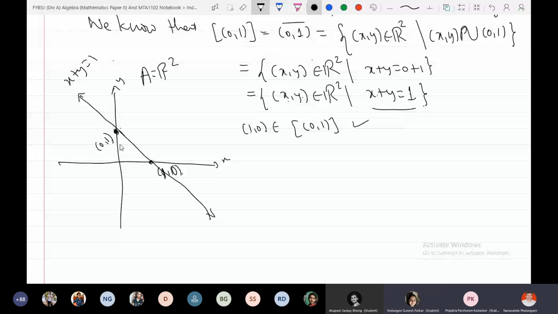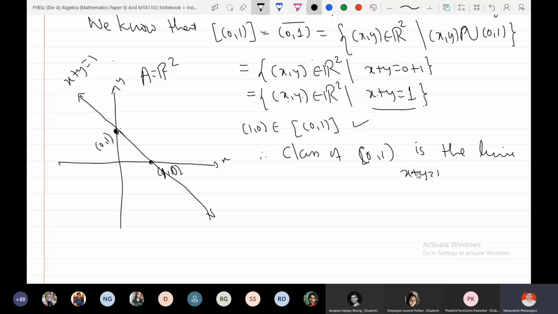So all the points on this line are in the class, and therefore the class of (0, 1) is the line x plus y is equal to 1 in my set. Every point on this line.